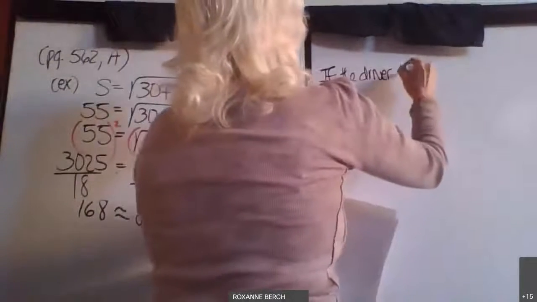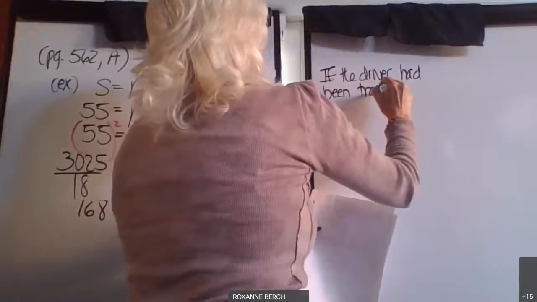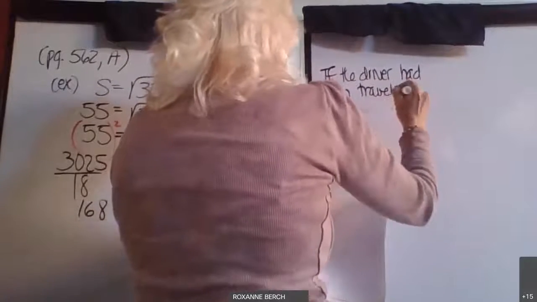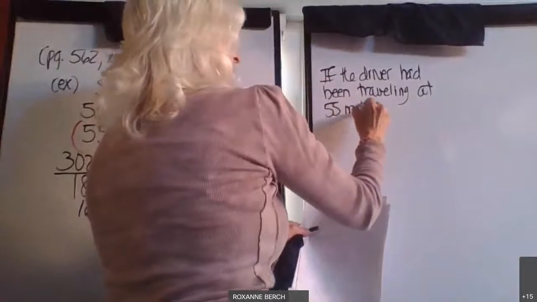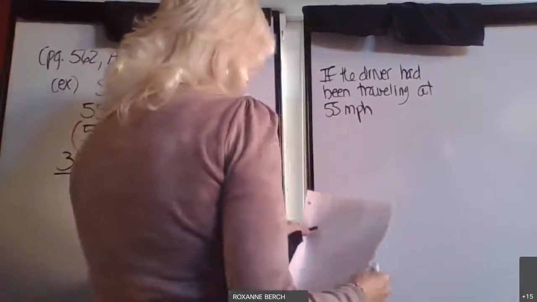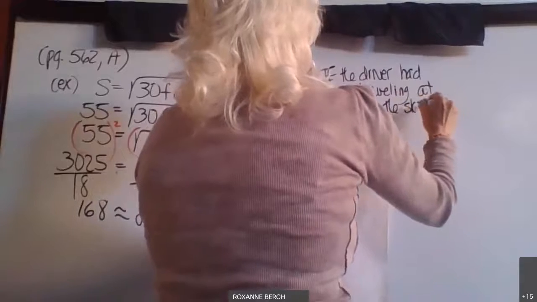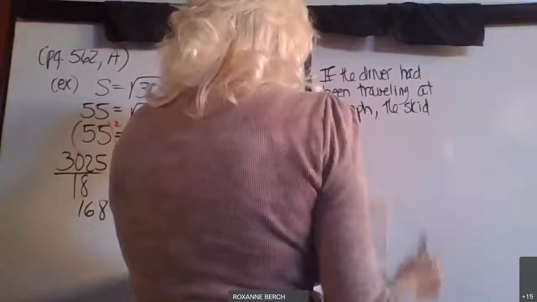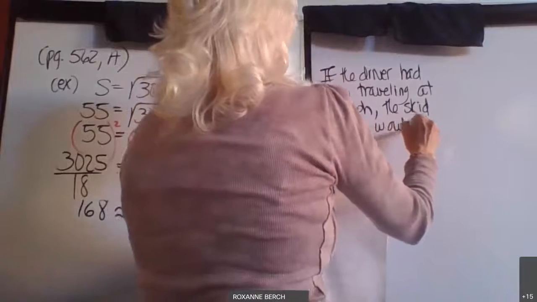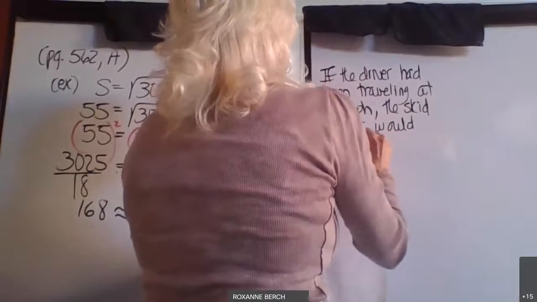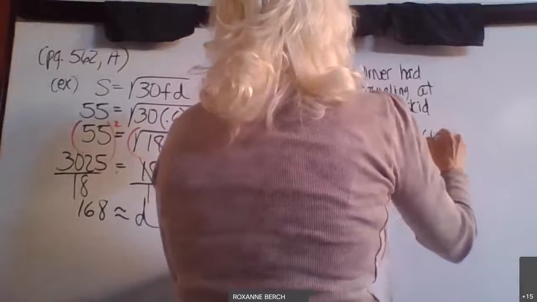So if the driver had been traveling at 55 miles per hour, the skid marks would measure 168 feet.